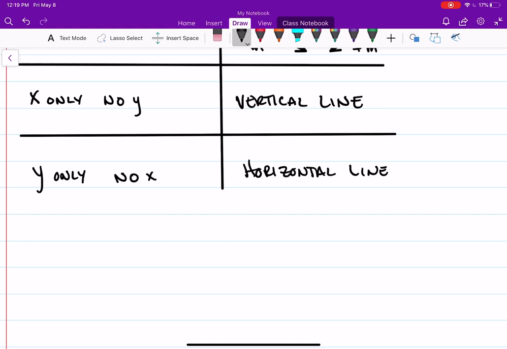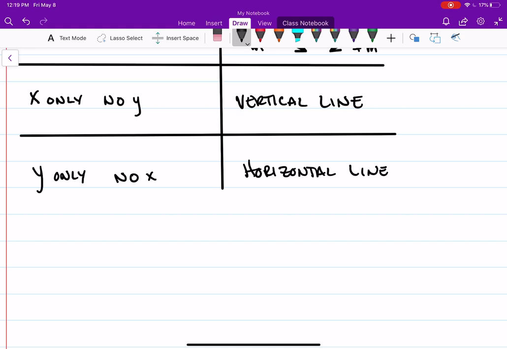Those are some of the things you need to think about. We will talk about the slopes of vertical and horizontal lines in the next section, but we will get to that. I just want to make sure that you're covered with everything on the homework.